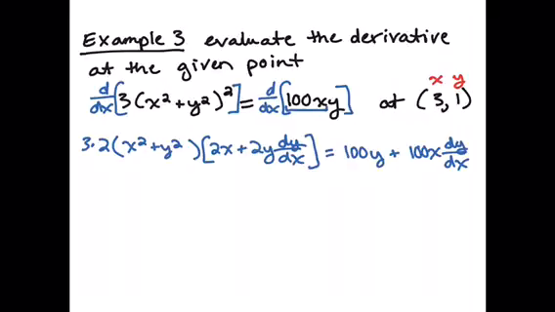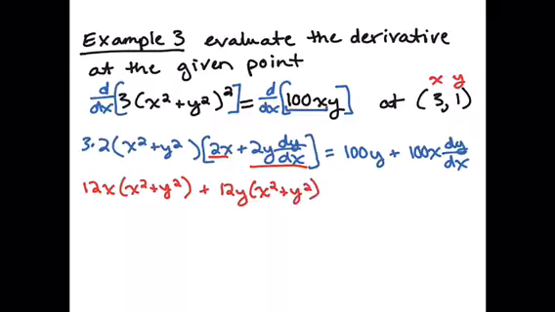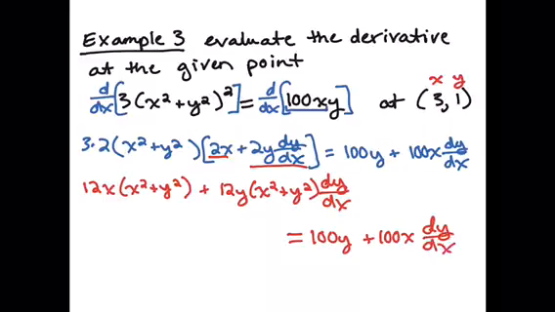So if I multiply by these terms separately, I'm going to get 12x times (x squared plus y squared) plus 12y times (x squared plus y squared) dy/dx, still equal to 100y plus 100x dy/dx. And now I see my dy/dx terms separately.